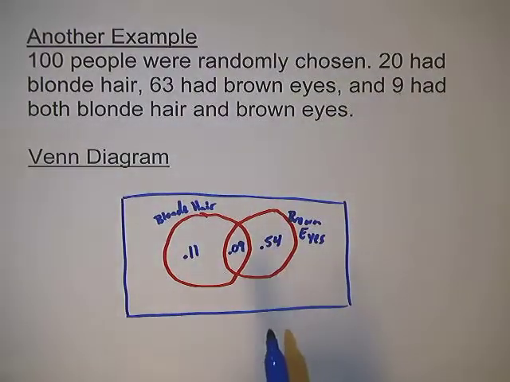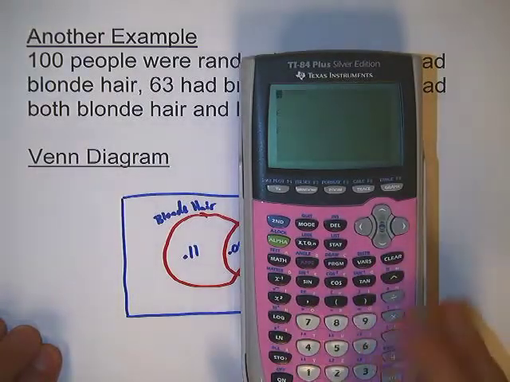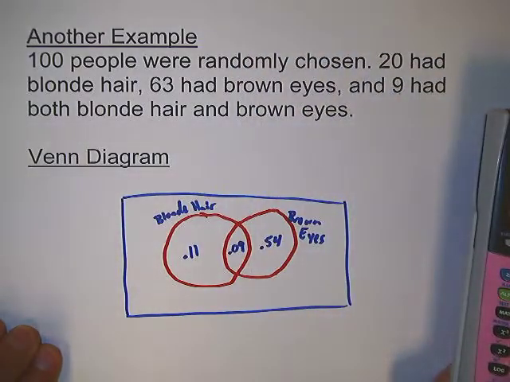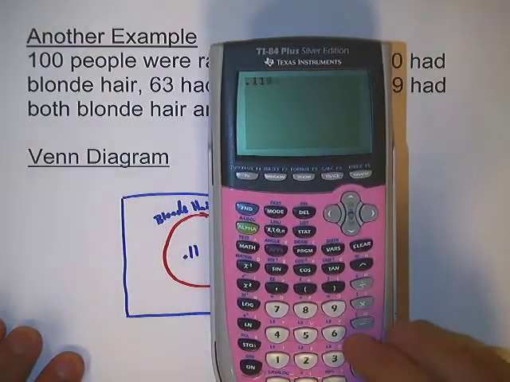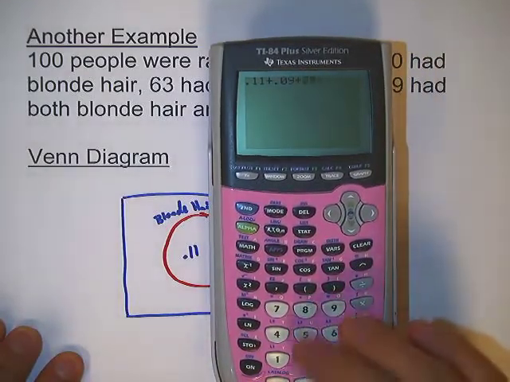Then we also need to figure out which people weren't accounted for. Who has neither blonde hair or brown eyes? What I'm going to do here is add up the proportions that I already have on here. So I'm going to add up 0.11 plus 0.09 plus 0.54.